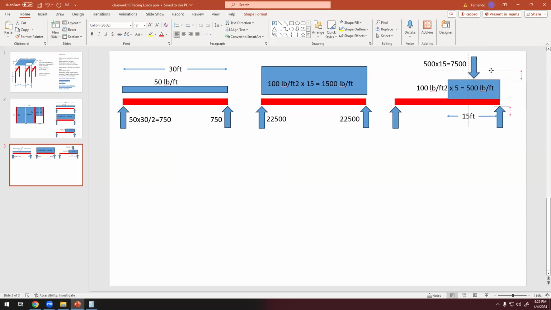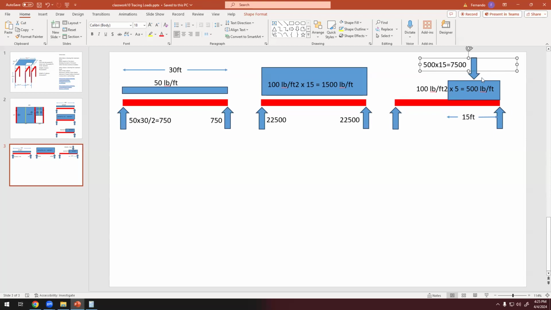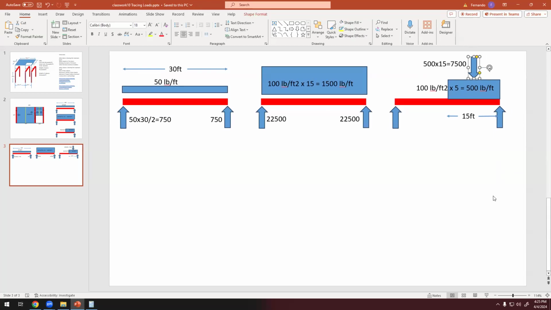Okay, so now we have turned this uniformly distributed load into this individual load applied in the middle of the uniformly distributed load.